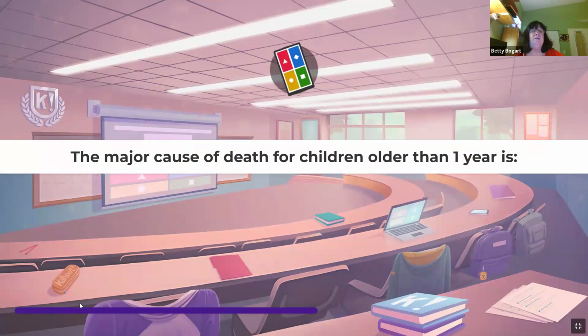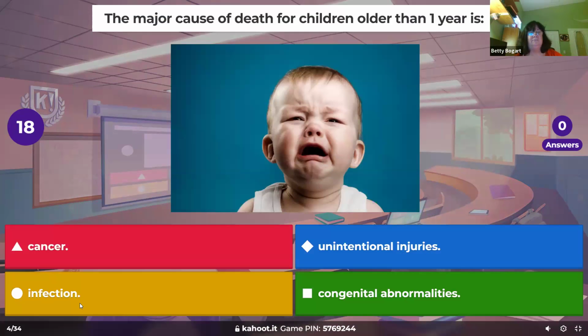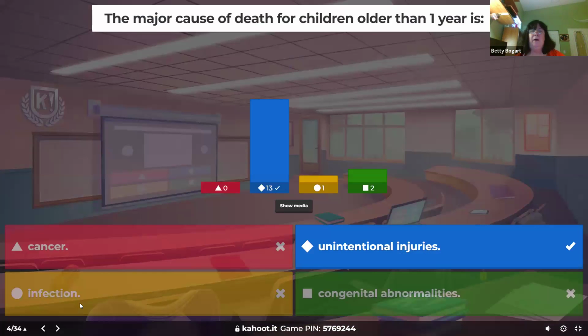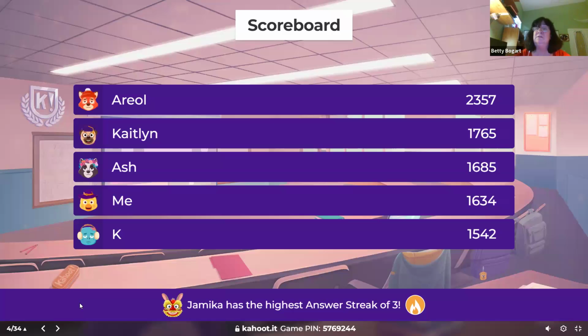The major cause of death for children older than 1 year is. You think of a kid who's 1, toddlers, I call them my dive bomb kids, and they're jumping off of things, missing couches, falling on their heads. That is unintentional injuries, things that just happen in their explorations.